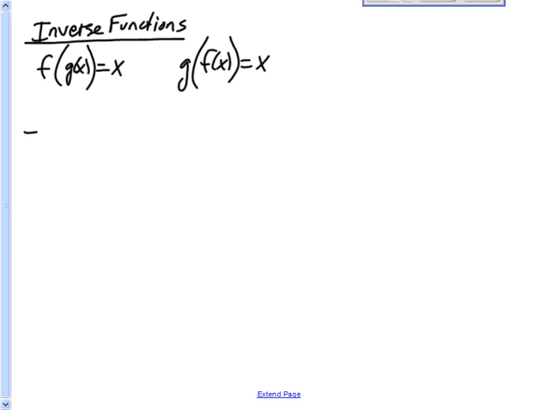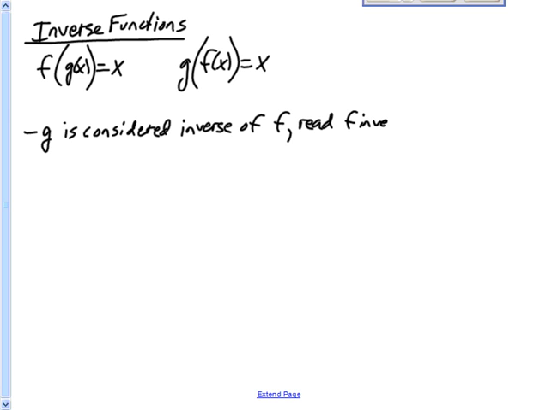So g here, note, g is considered the inverse of f, notated by f inverse of x.